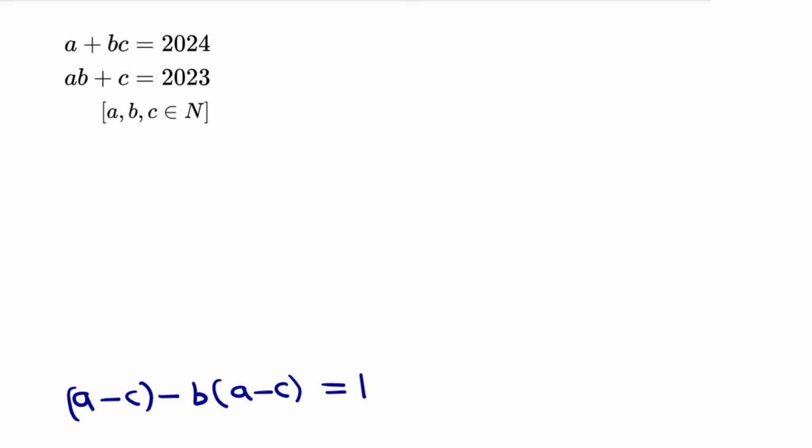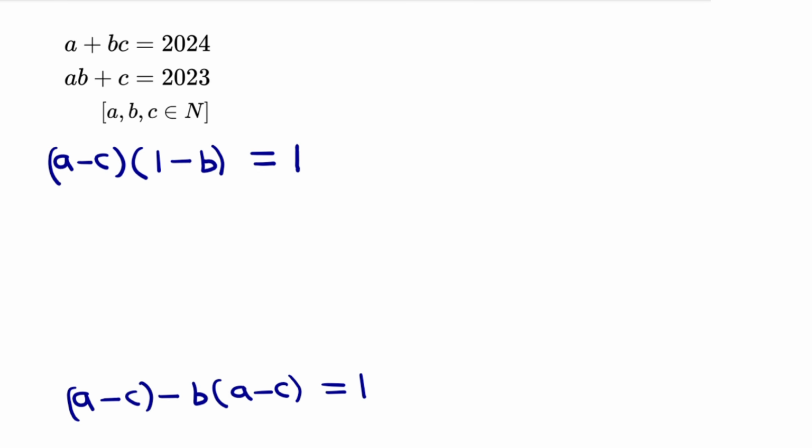Now the whole expression becomes (A - C) - B(A - C) = 1. Both terms contain A - C, so factor that out completely. We get (A - C)(1 - B), and all of that equals 1.